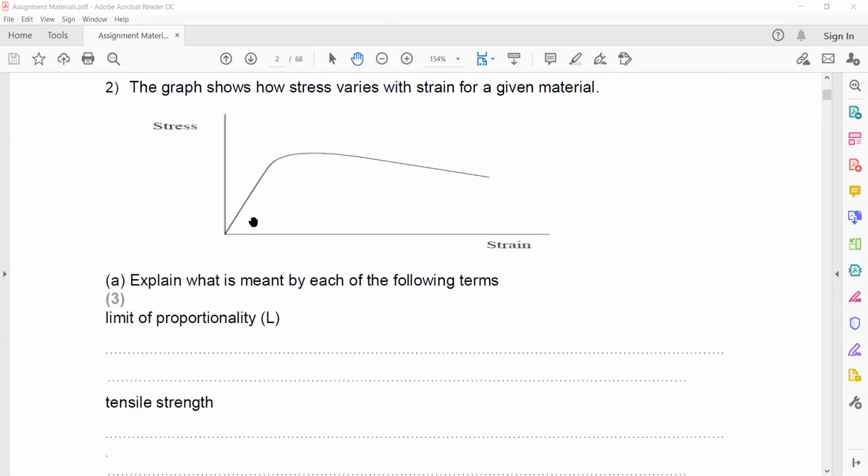So we have to define these terms: limit of proportionality and tensile strength. What is the limit of proportionality? It means that's the last point where stress is proportional to strain, or force is proportional to extension.